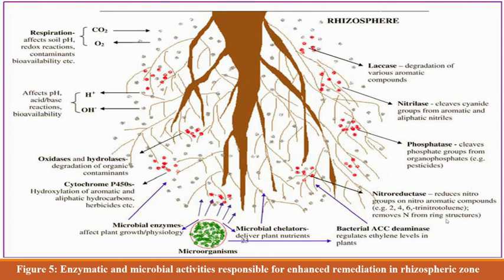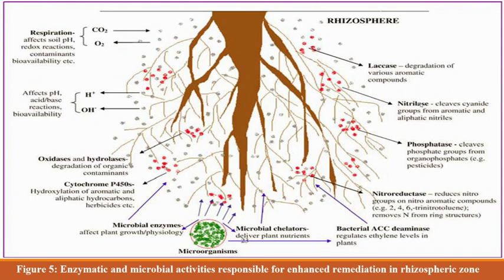We have these organisms producing nitroreductases that reduce nitro compounds found in aromatic compounds. Okay, we have also the phosphatases that cleave phosphate groups from organophosphates and even from soil.